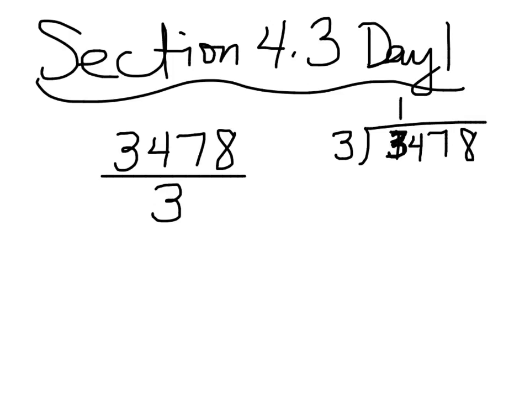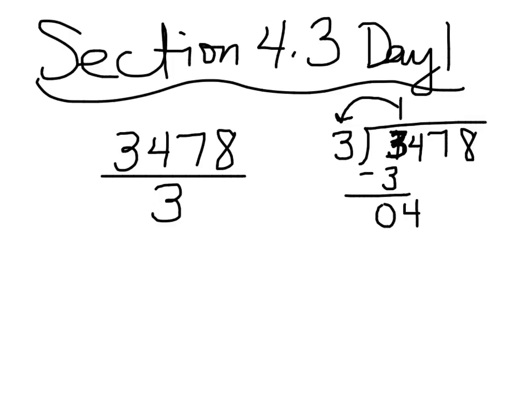Another 3, because 1 times 3 is 3. Then a bunch of subtracting happens. What's 3 minus 3? 0. Then you move over to the next number. So drop it down.